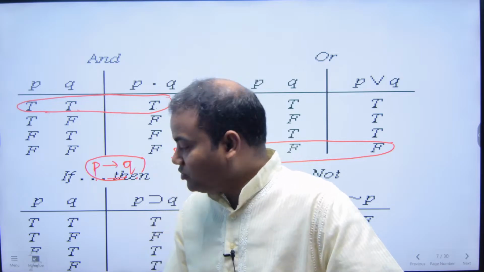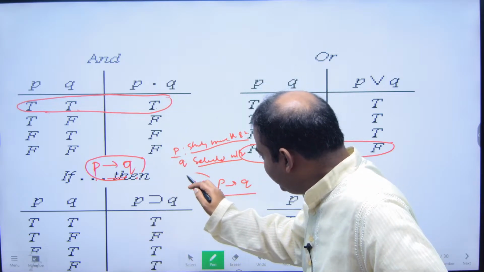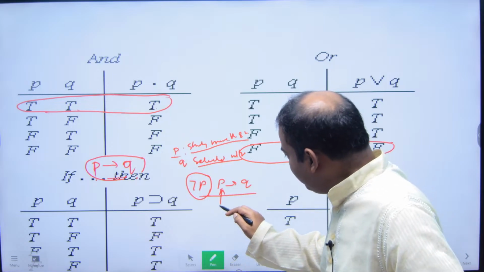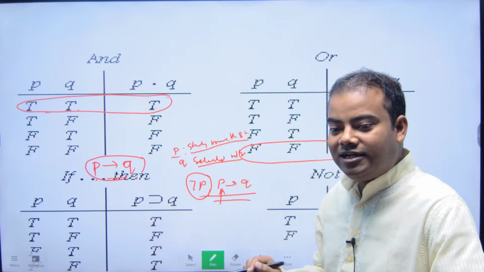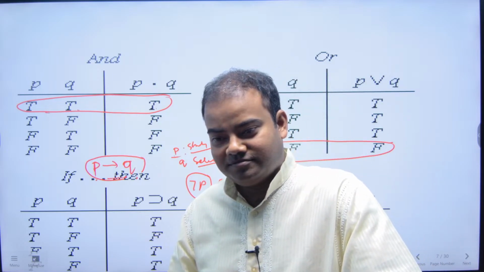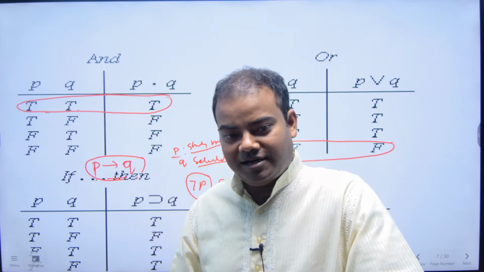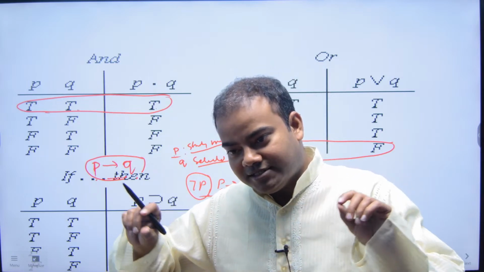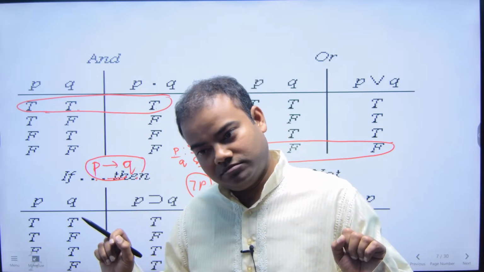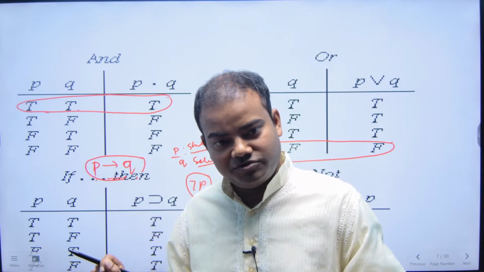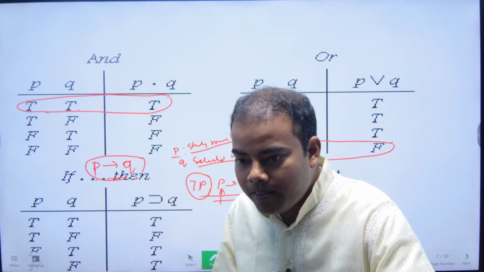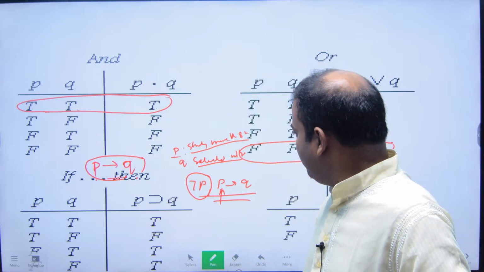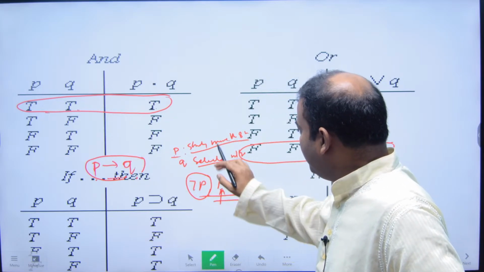Is it clear? So, same thing is there. If the first condition is false, then the whole conditional statement is always true. Understood? It is the rule and it does not depend on the statement.